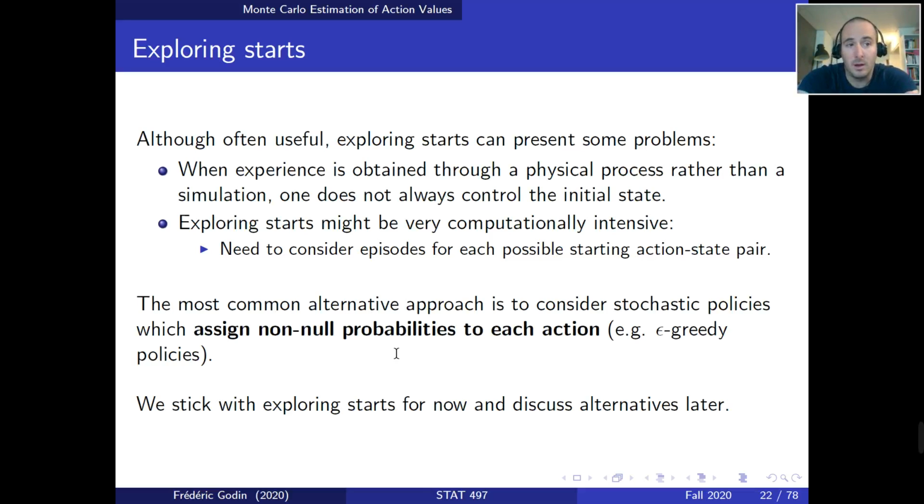Another problem, which is very serious, is that exploring starts are very computationally intensive if you have a large number of states and actions. Not only do you need episodes starting in all state action pairs, but you need many of them. If you have only one or two returns to average to get an estimate of the value function, this is not good.